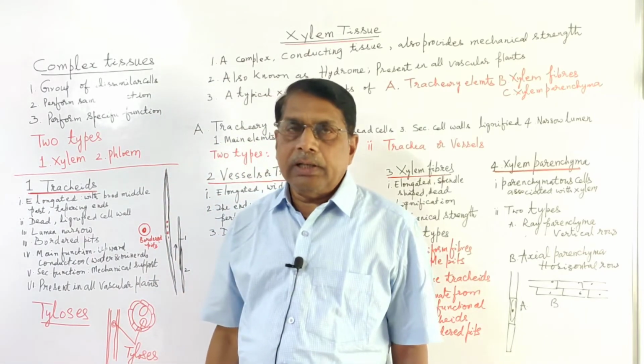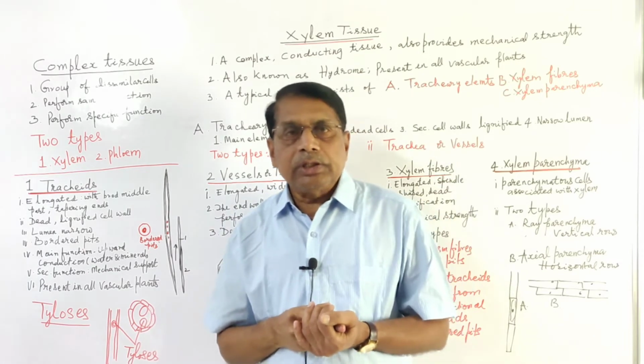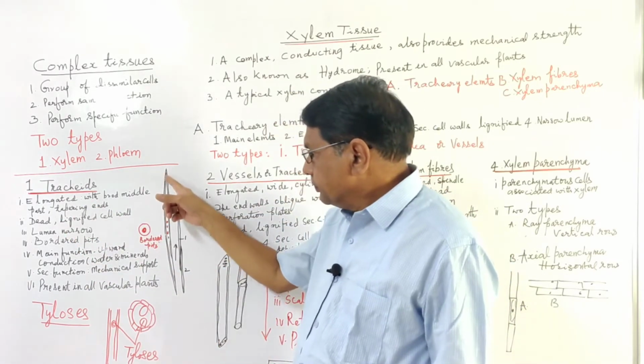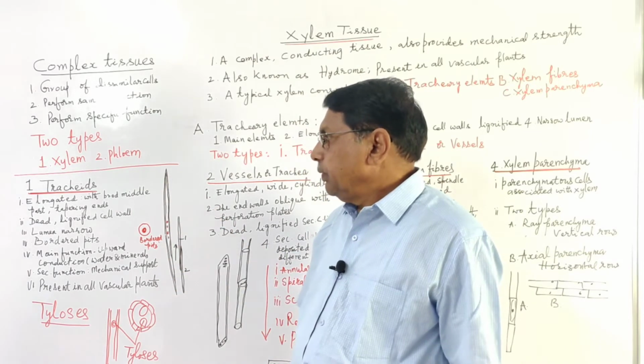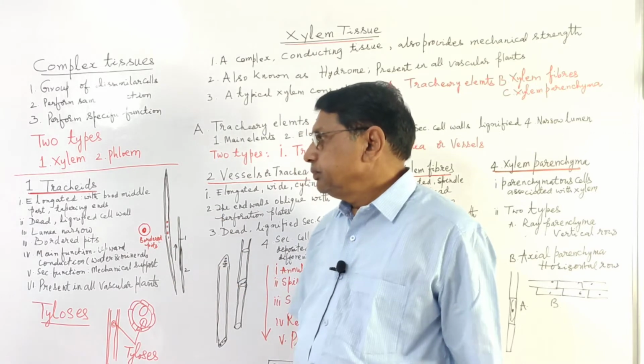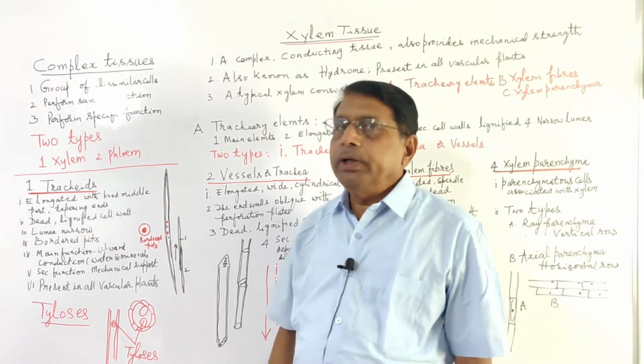what are the characteristics of the tracheids, or how can we differentiate the tracheids and trachea? Elongated with broad middle part, tapering ends, pointed ends.